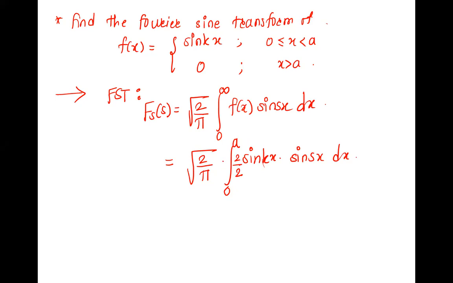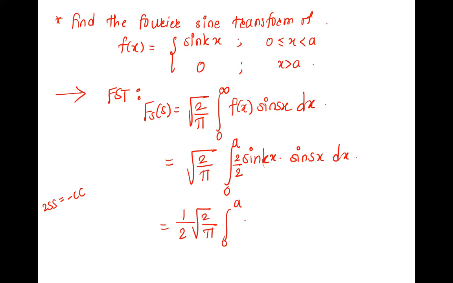So that 2 will come out as 1 by 2, root 2 by pi as it is, and integration as it is 2 sine A sine B. We need this formula 2 sine A sine B. What is that? It is cos A minus B minus cos A plus B. So 2 is utilized here for 2 sine A sine B, and 1 upon 2 is out.